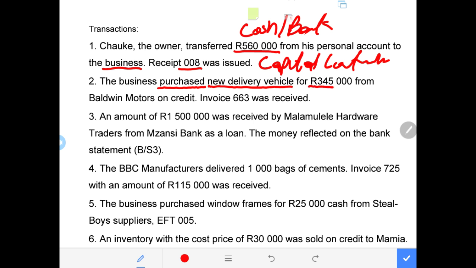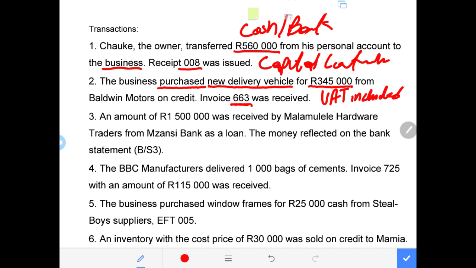The cost of this vehicle in terms of the invoice was 345,000 rands. Remember, we are a VAT vendor. VAT here is included. When you buy something from a VAT vendor, VAT is already included in the total price of the invoice. The document number of the invoice is 663.